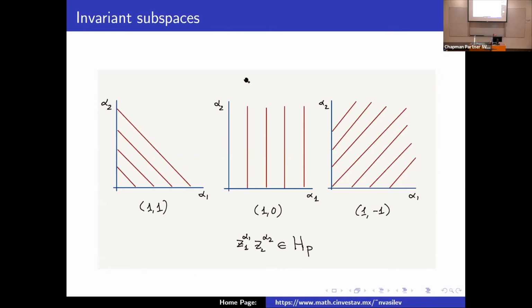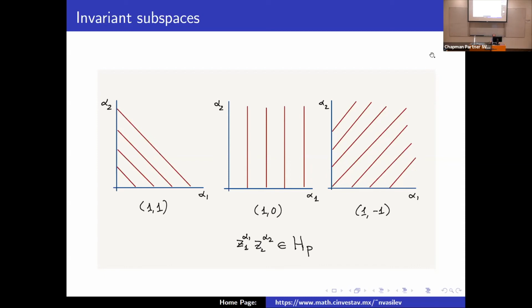And lambda 2 is any integer, so this is the graphical representation of invariant subspaces. For the case (1, minus 1), the difference lambda 1 minus lambda 2 should be constant. So the corresponding pairs lambda 1, lambda 2 lie on these oblique lines. So this is a completely different description of invariant subspaces in these three different cases.